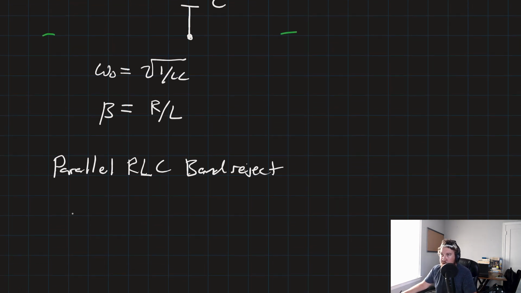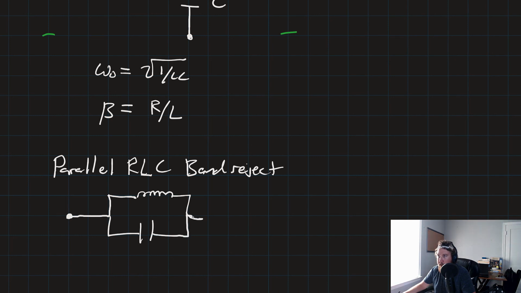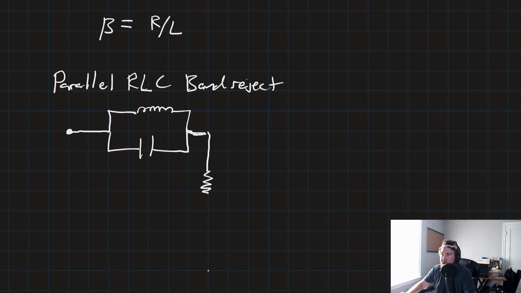Which has kind of an interesting topology. It looks like this. We have our input terminal, and then we break out, remember, because we have to flip things over, we actually break out the inductor and the capacitor in parallel up here at the top. And then we tie them in, and that feeds to our resistor node down there.